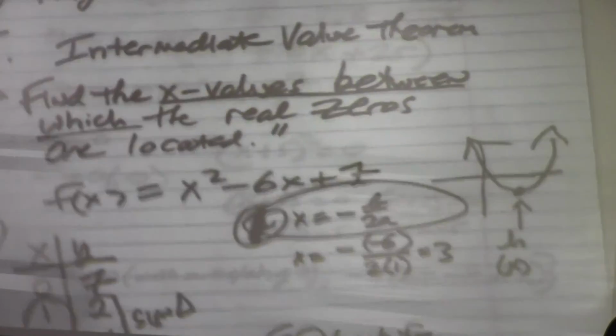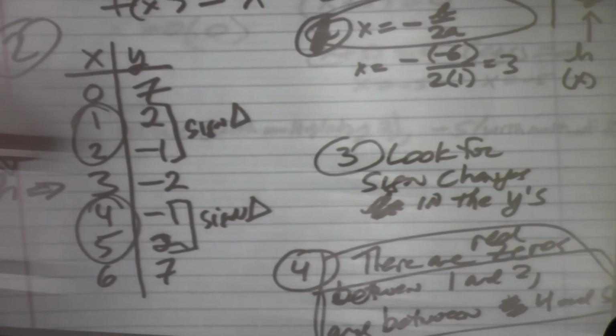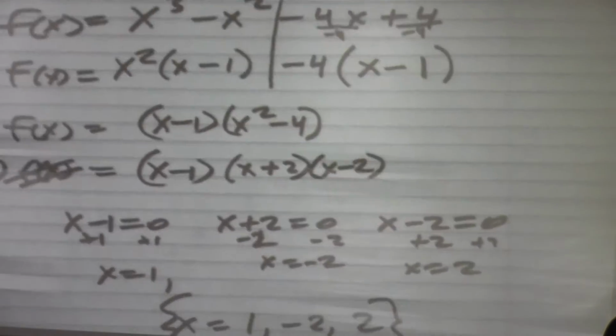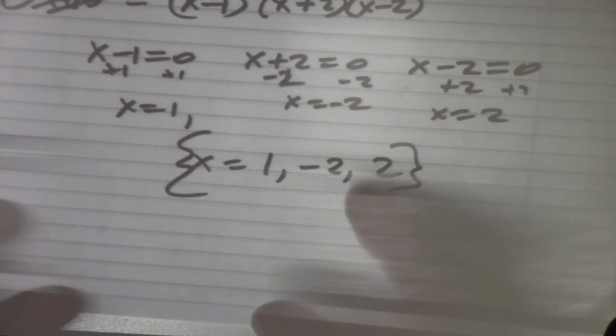So here in 2.3, it was to use the intermediate value theorem, which is making up the table and looking at the signs, figuring out the x values between which you have real zeros. And then it was to factor to find the real zeros, this grouping type factoring. There were no doubles here, so there's no multiplicity, but you do have 3 real zeros.